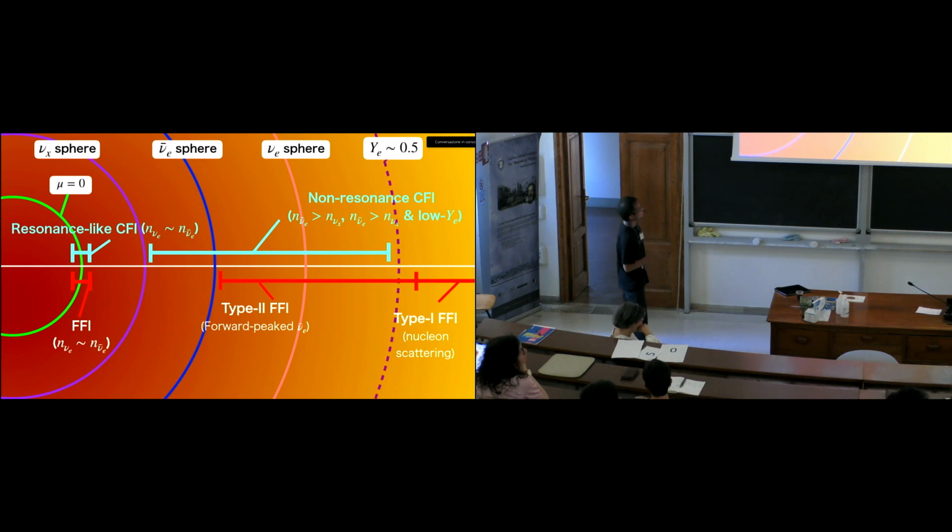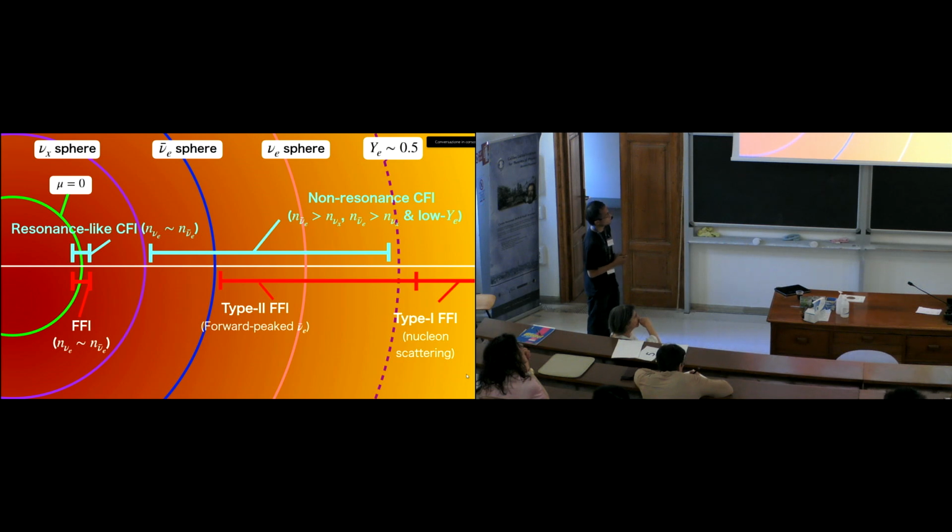So here's a summary of the schematic picture, and there are several important positions. And the innermost part is the part where the chemical potential becomes zero. And here, the number densities of electron type and anti-electron type neutrinos are likely to coincide, which makes the resonance-like CFI and also the fast flavor instability.